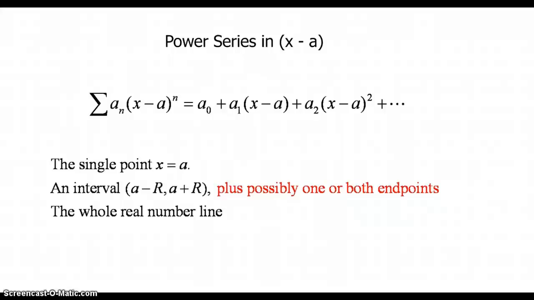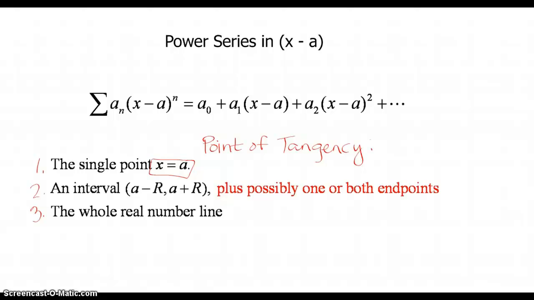So we are going to converge in one of three ways here as well. Either at only x equal A, and now I want you to recognize A is the point of tangency.